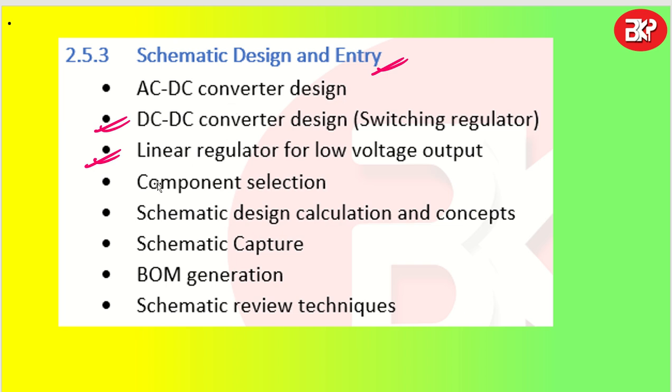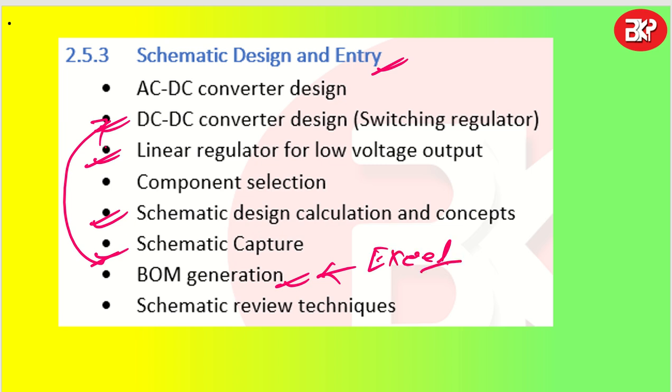Before that we have to have a component selection understanding, right? And then we will do the schematic design calculation and concepts, as well as schematic capture, which I am just telling you for schematic entry, right? Then we will generate the BOM, and not only generation by software, later you have to modify and optimize by yourself in an Excel sheet, right? So that you can send it for your production. And then we will understand schematic review and techniques.